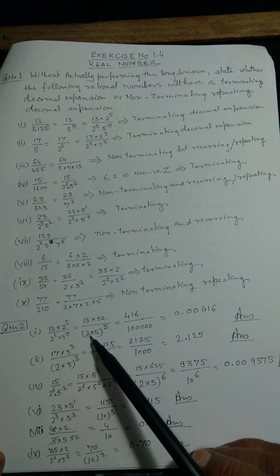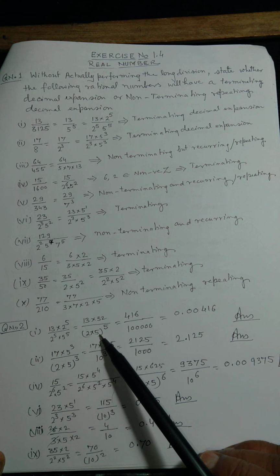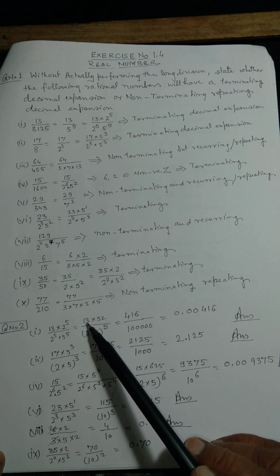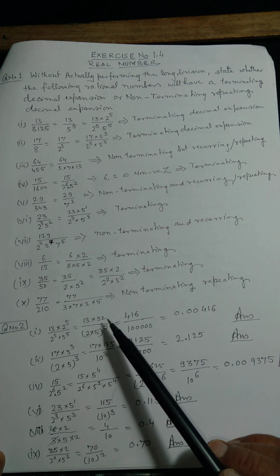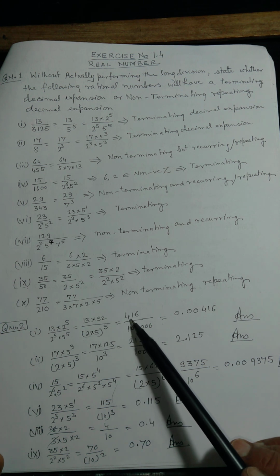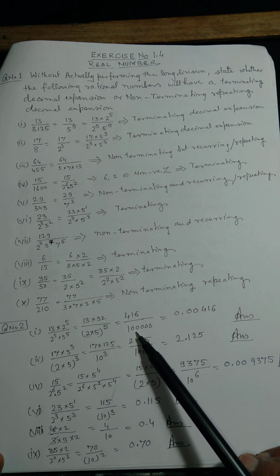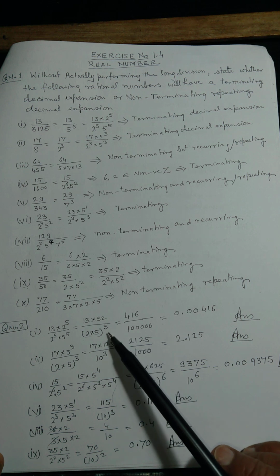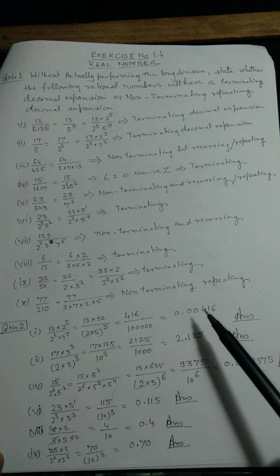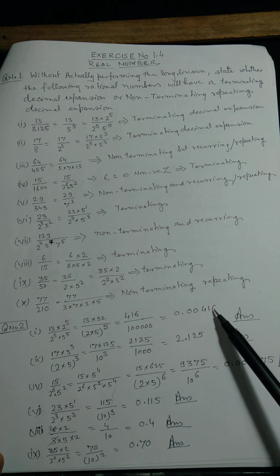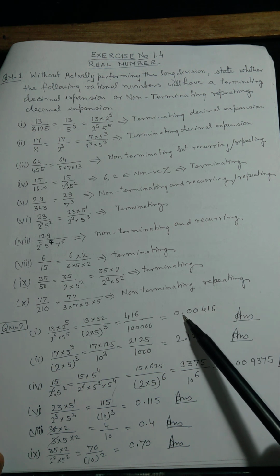I have included it in one bracket, 2 into 5 raised to power 5, and multiplied it. So we get 416 upon 10 raised to power 5. So just put the decimal point here after 1, 2, 3, 4, 5 places.